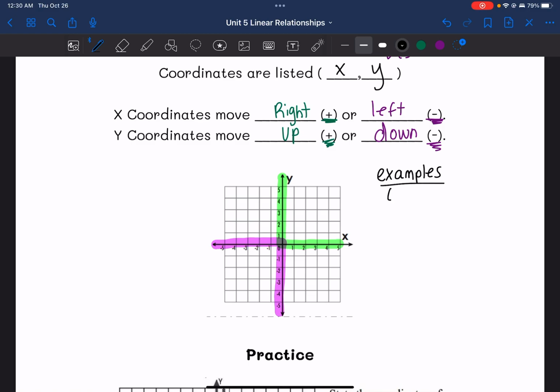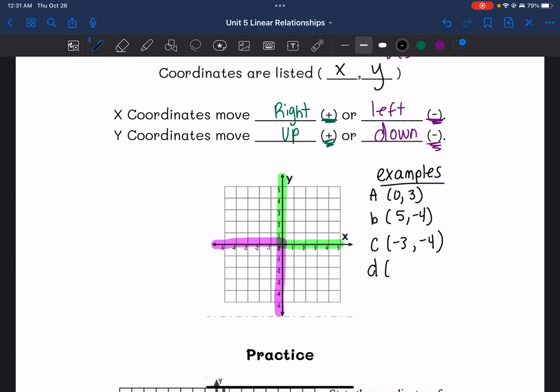Let's start with 0, 3. Let's do A. B is 5, 6. Oh, wait, I don't have 6. 5, -4. C is -3, -4.